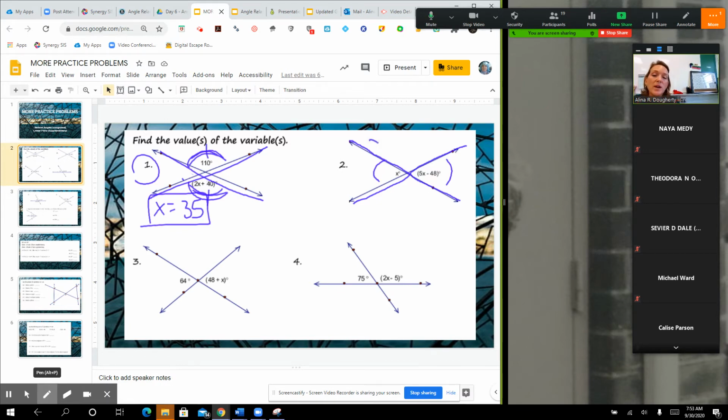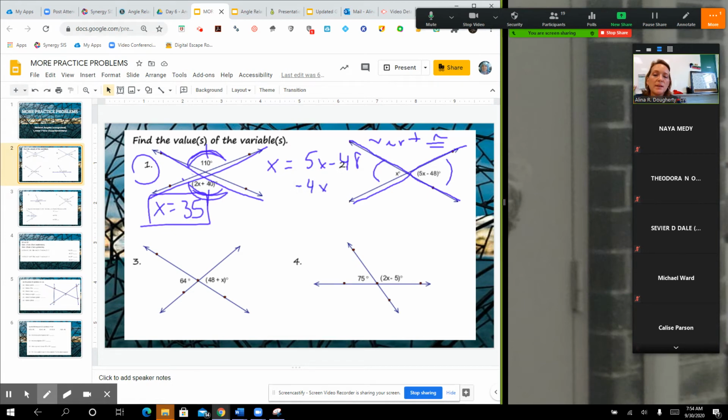So if I've got vertical angles, what do I know about vertical angles? They are, somebody say congruent. Congruent, thank you.